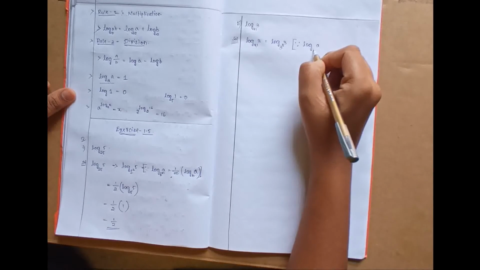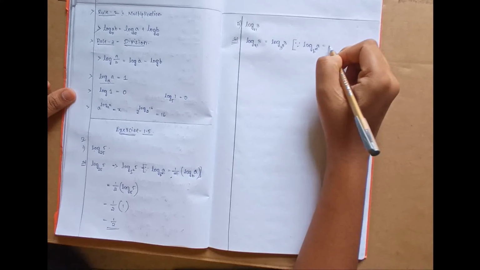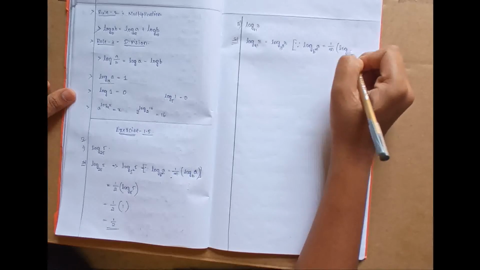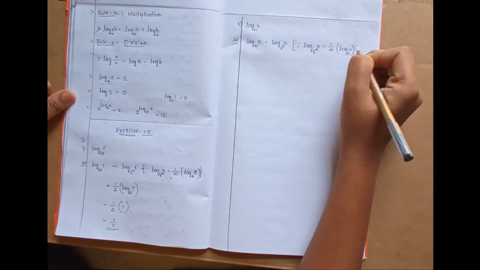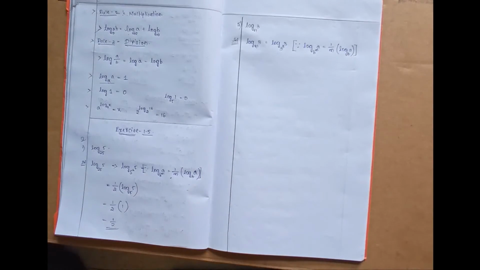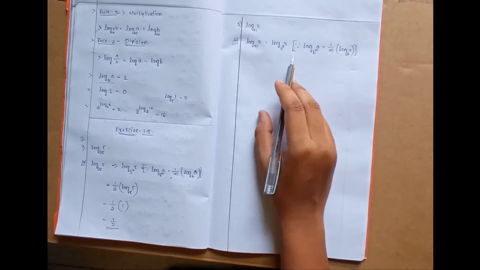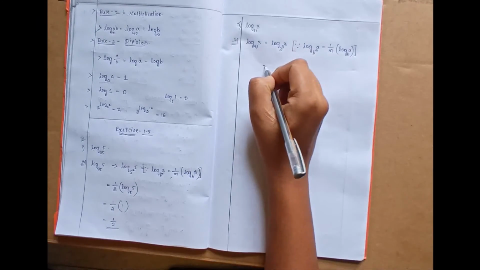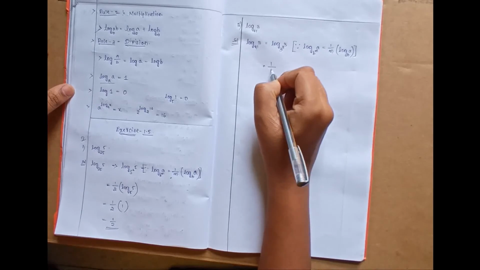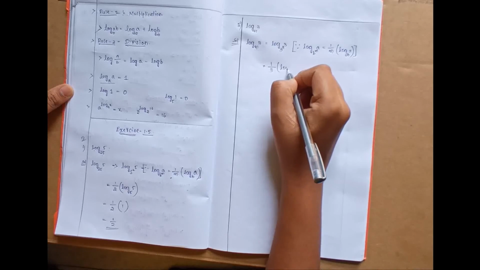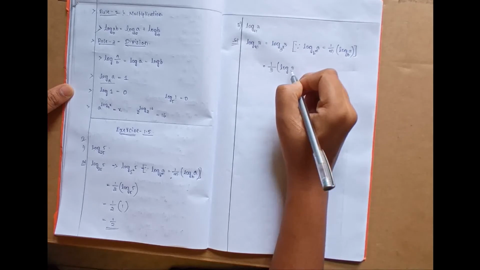Log a to the base b power m is equal to 1 by m into log a to the base b. Here we have an exponent for the base, so that comes out and becomes reciprocal, meaning 1 by 3, into this logarithmic number log 3 to the base 3.